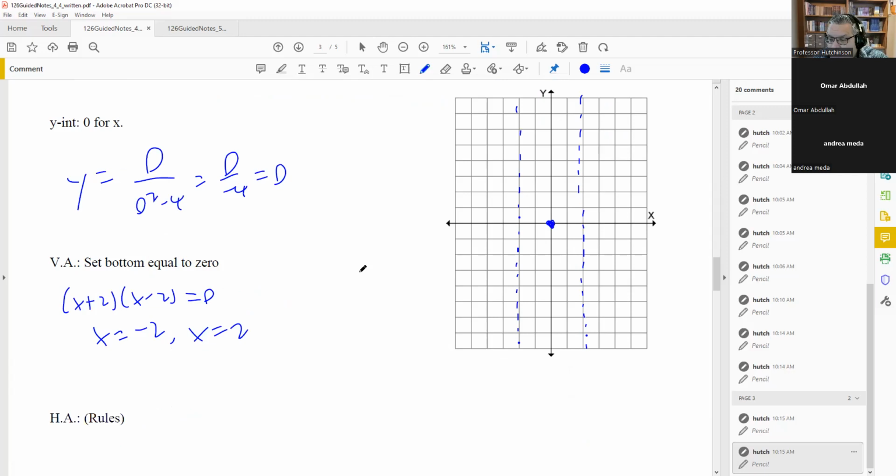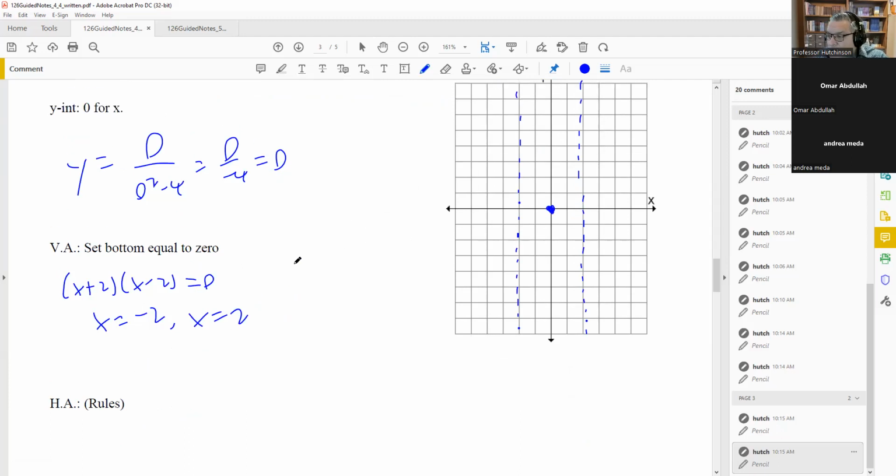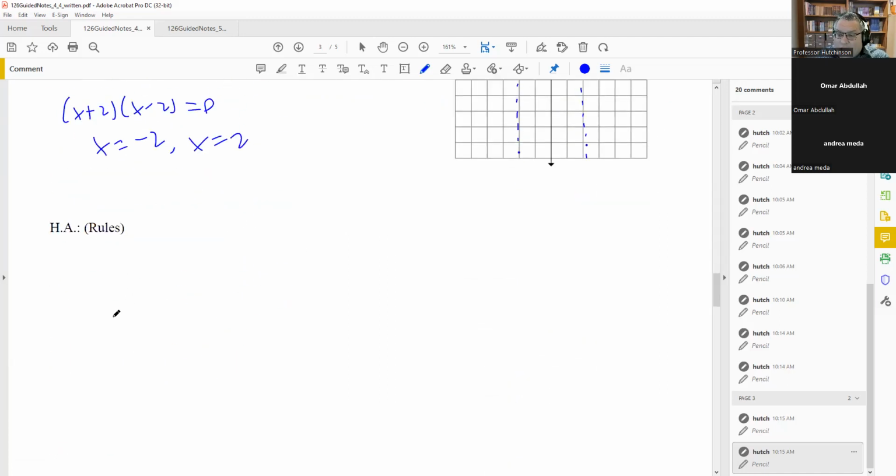Next thing we want to look for is the HA, the horizontal asymptote. All right, so horizontal asymptote, we look at this, the highest power on top is a 1, the highest power on the bottom is a 2. So this is a case of rule number 1. N is less than M. These are all the rules we talked about in the previous section. That's where I'm getting these from.